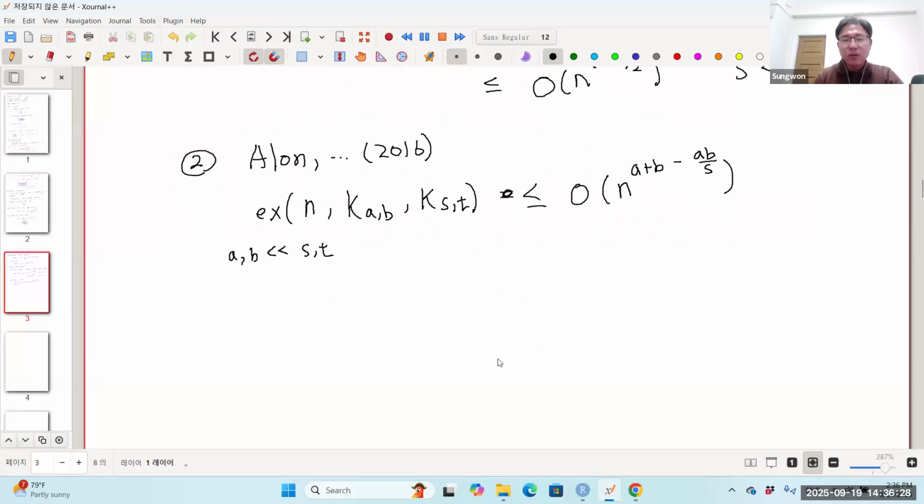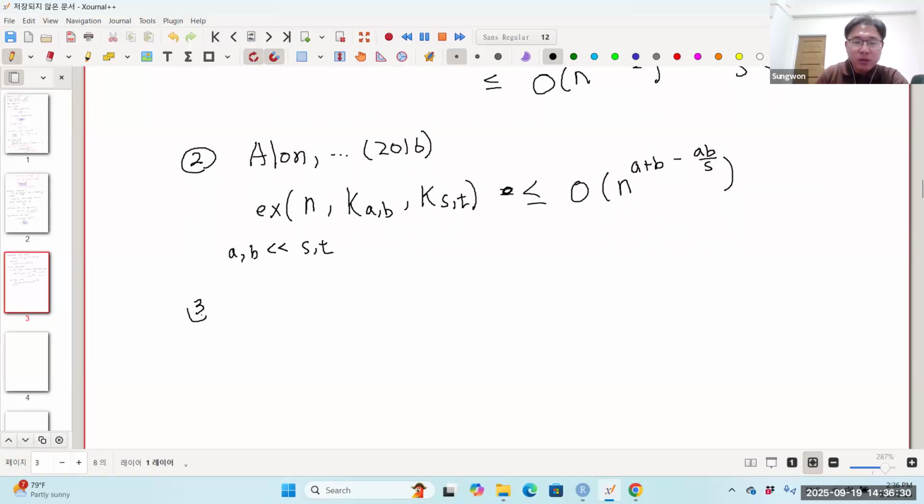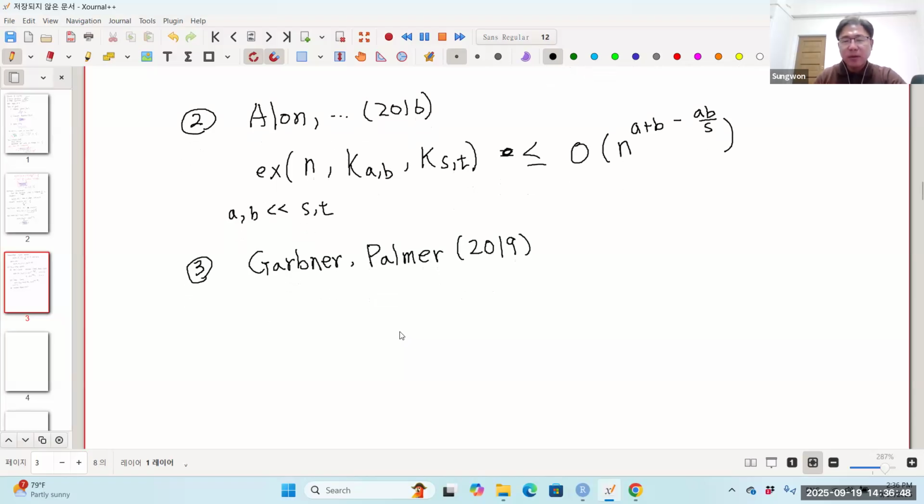And also there's another group recently, Gardner and Palmer in 2019. They found the number of paths in a very specific case of the complete bipartite graph.